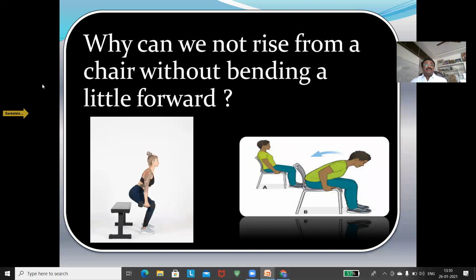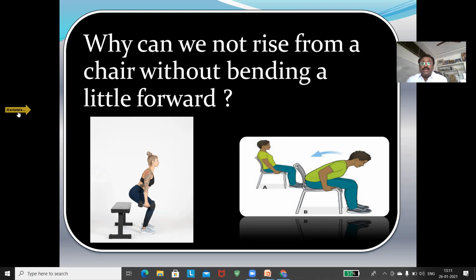Another important question. Why can we not rise from a chair without bending a little forward? It is our day-to-day life experience. After sitting on the chair, while rising from it, we bend our body.